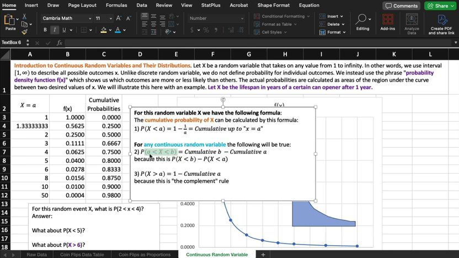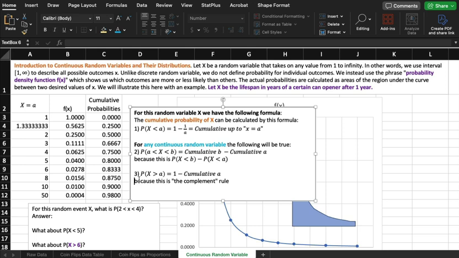Little a and little b just represent any two numbers that x could be. The probability of x being between those two numbers is always going to equal the cumulative probability for little b minus the cumulative probability for little a. We're just looking at the table for those two cumulative probabilities and subtracting them.